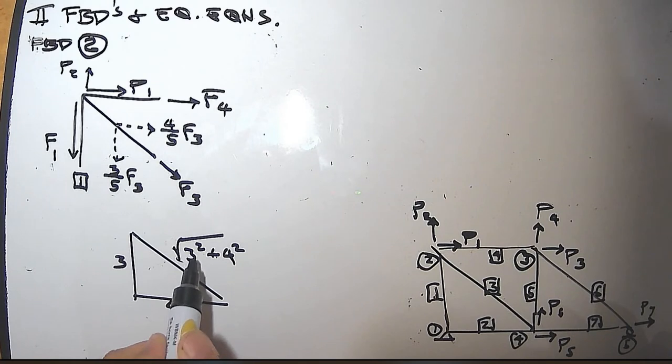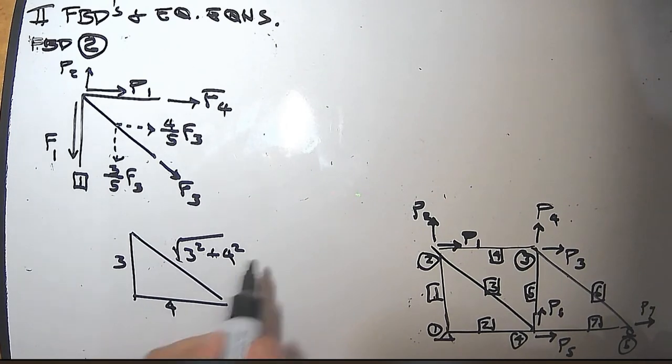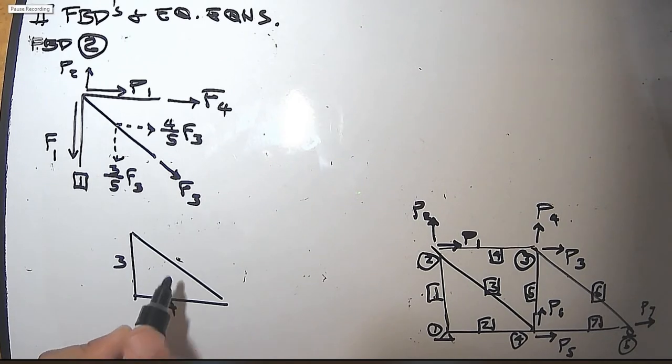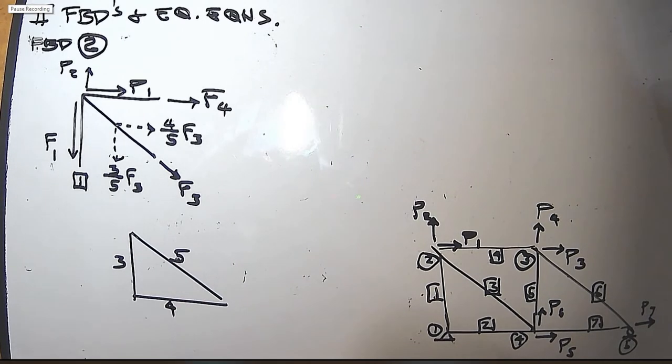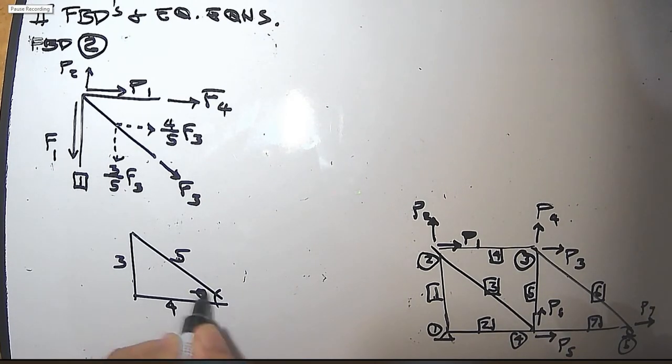Okay, so that will give you 25. So, square root of 25 is simply 5. Kaya siya naging 5. Okay? Next, let us consider this as angle theta. Okay? Remember that sine of theta is equal to opposite 3 all over hypotenuse 5.